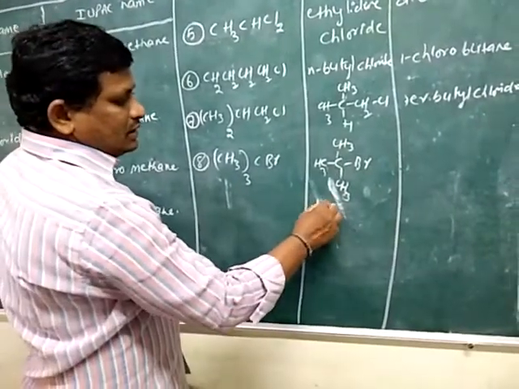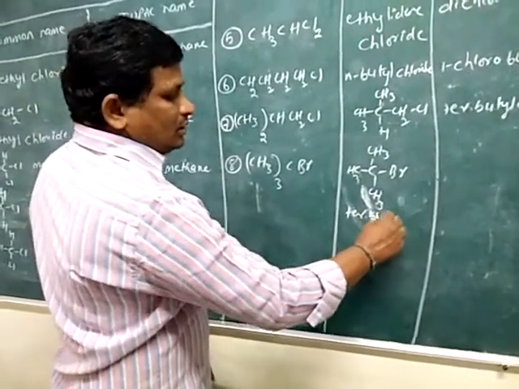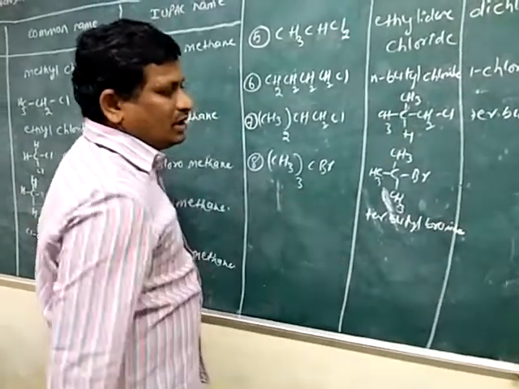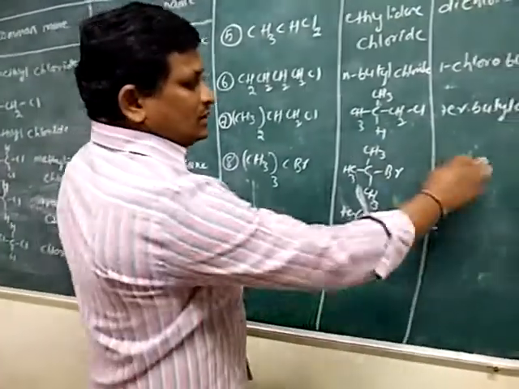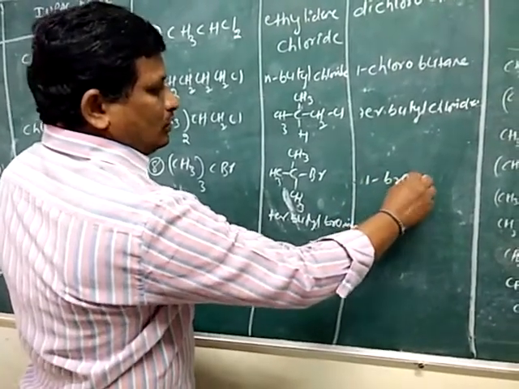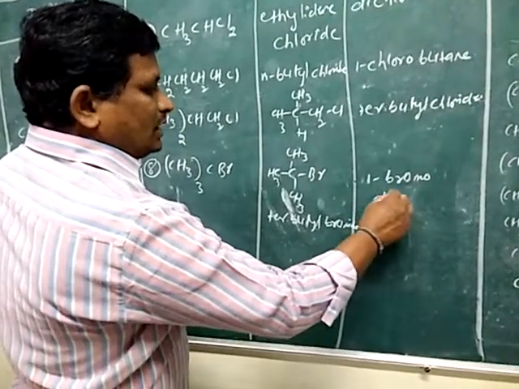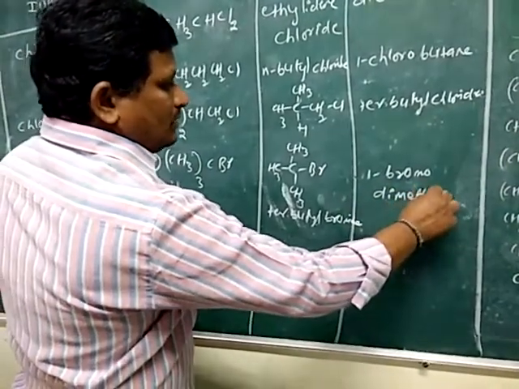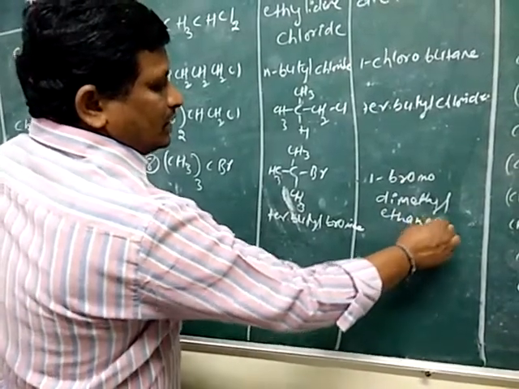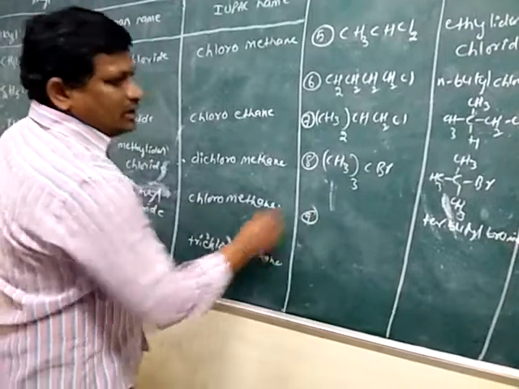So it is tertiary butyl bromide. The IUPAC name is 2-bromo-2-methylpropane.